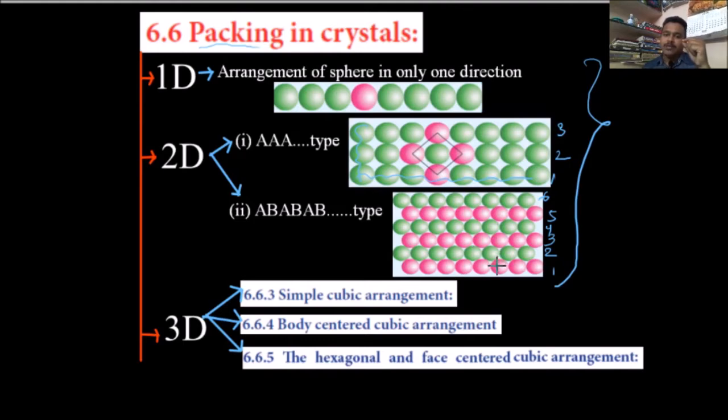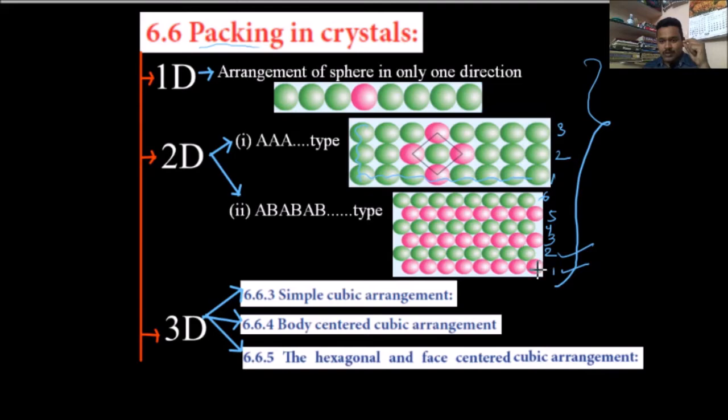Observing here, what will happen is the second row sphere centers do not coincide with the first row sphere centers. They are not identical, they are not on one axis, they are on different axes. When you observe this, rows 1 and 3 are identical, and 3 and 5 are identical.